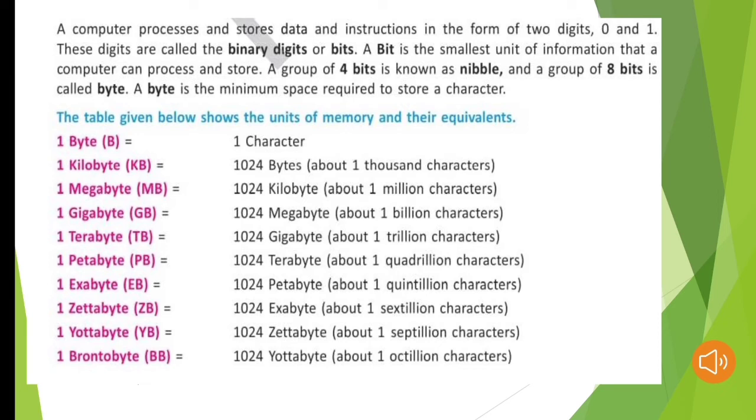Computer stores data in the form of 0 and 1. These digits are called binary digits or bits, which is the smallest unit of computer. 4 bits make 1 nibble. 8 bits is equal to 1 byte. Byte is the minimum space required to store a character.